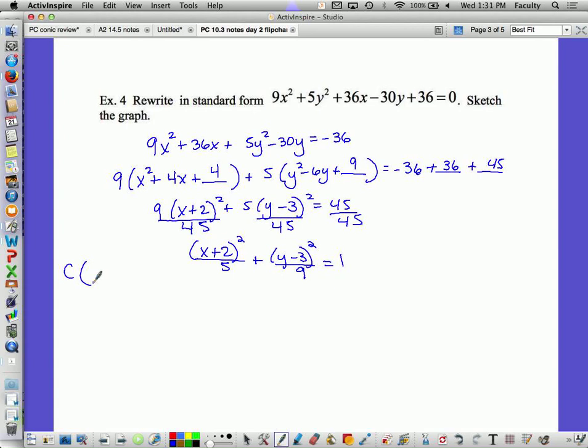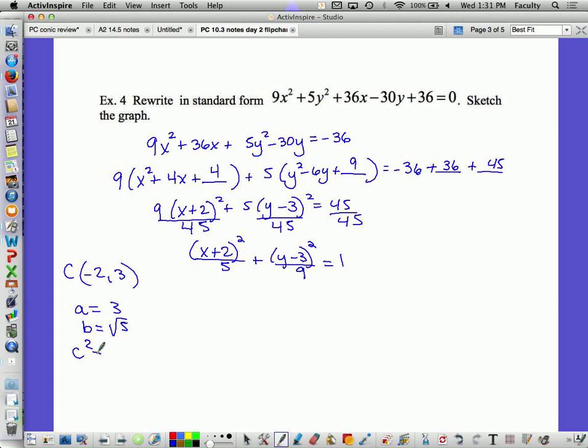So what is the center? Good, -2, 3. What's A? 3. And what's B? Radical 5, right? It's radical 5.